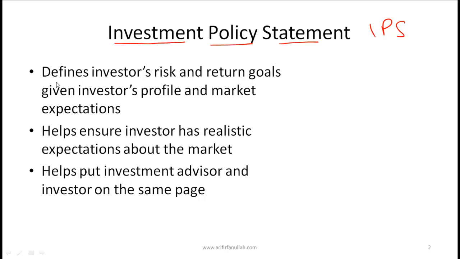First of all, the IPS defines the investor's risk and return goals given the investor's profile and market expectations. So in simple terms, if we have a market that is expected to do very well and the investor is such who can take a lot of risk, then we define return objectives, which we will talk about on the next few slides.